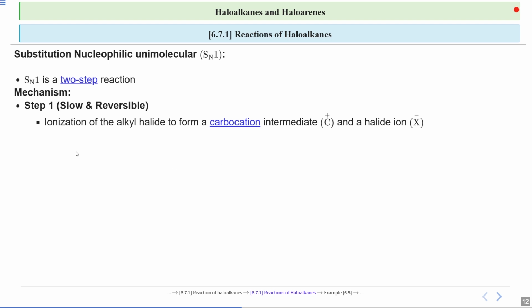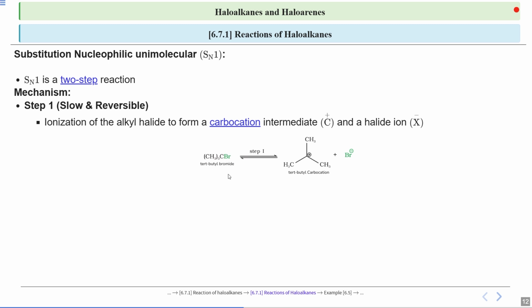Okay, first of all, what will happen? The ionization of alkyl halide, that is haloalkanes, is going to happen, so that we will get a carbocation intermediate containing a C⁺ carbon, and a halide ion, that is X⁻. For example, let's take tertiary butyl bromide. The bromine is the halogen attached to this carbon, and this carbon is attached to the other 3 methyl groups.